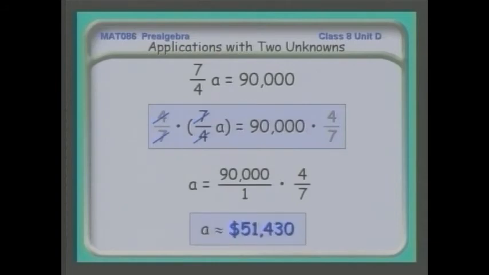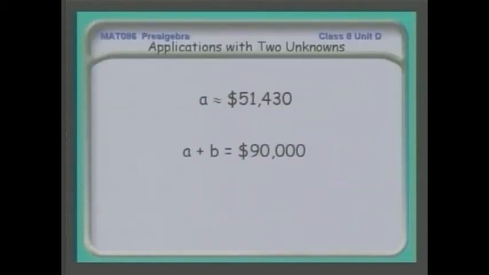And again, I can do the math and find out that A is very close to $51,430. Then, if I know that that's A, and I know that A plus B must equal 90,000, I can just subtract that from the 90,000 and find out that B has got to be $38,570. Pretty good.